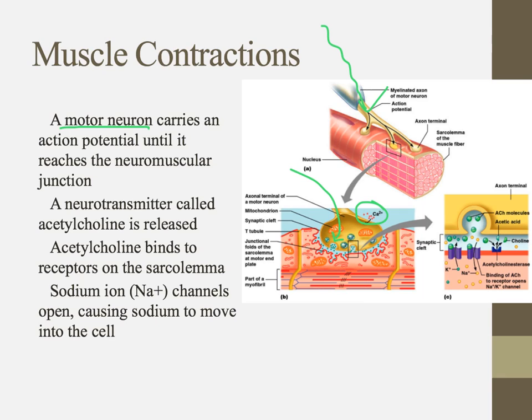The acetylcholine is going to bind to receptors that are on the sarcolemma, so on the cell membrane of that muscle cell. That causes a sodium ion channel to open, and sodium moves into the muscle cell.